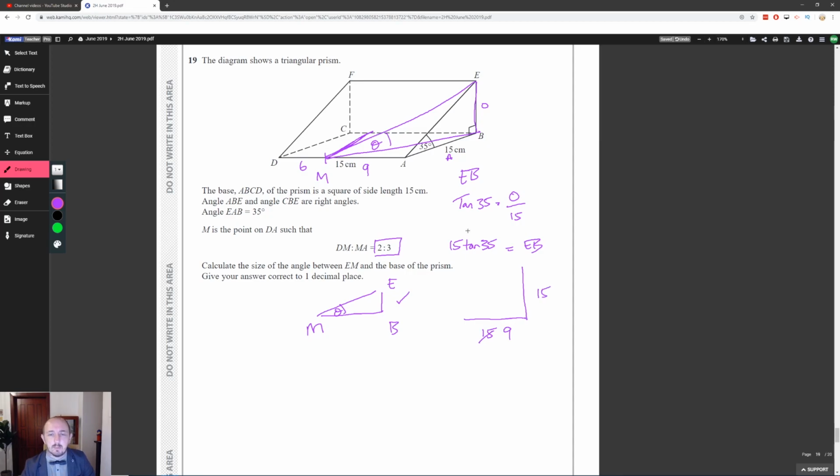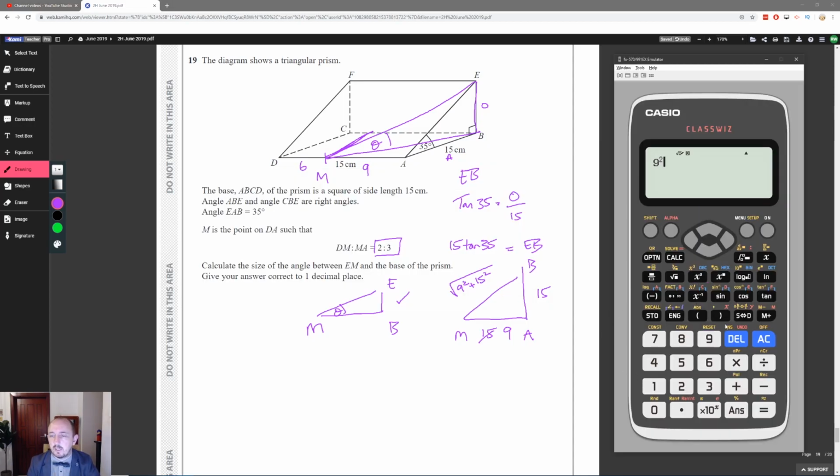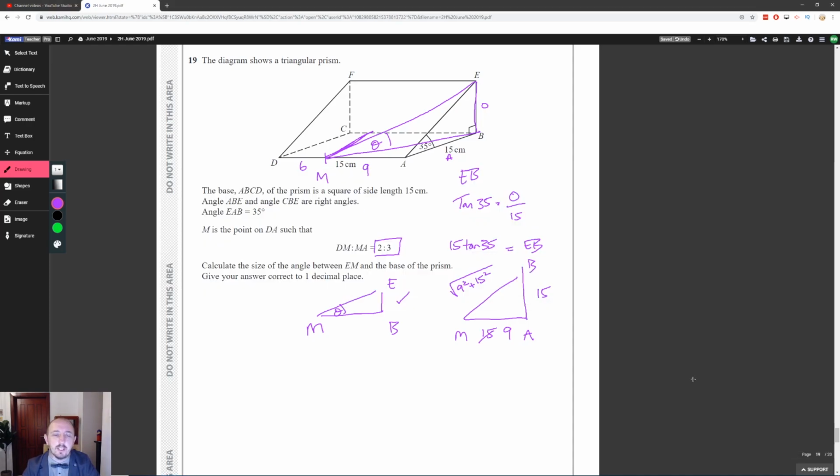So M to A to B, and we want to find MB. So we're going to do Pythagoras on this. Square root of 9 squared plus 15 squared, that's going to be our MB. So 9 squared plus 15 squared is 306. So MB is root 306 and EB is 15 tan 35.